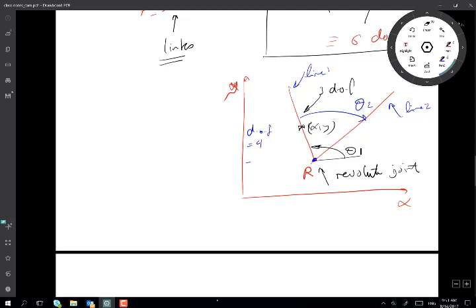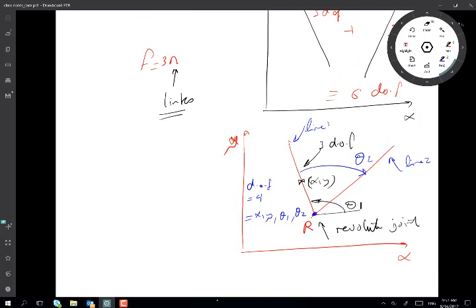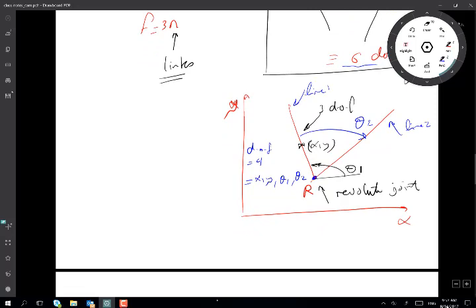Being what? Being x, y, theta 1, theta 2. Meaning that the joint sort of deducted 2 from the previously calculated value, which was 6 before. So now it's 4. Makes sense to me because R allows 1 degree of freedom.